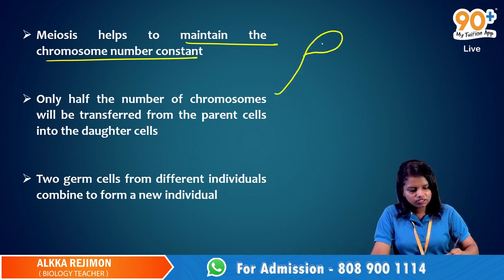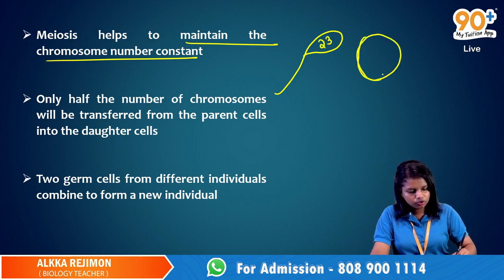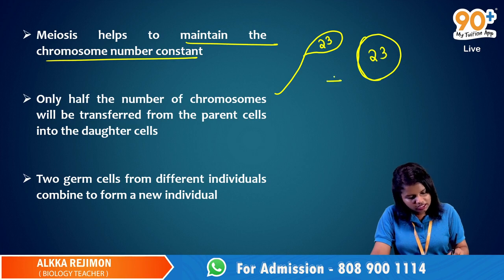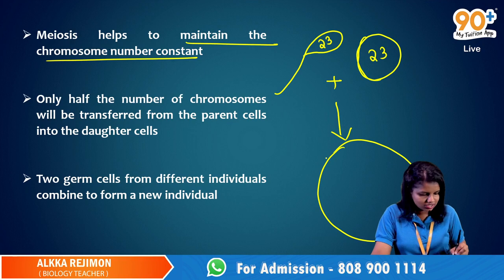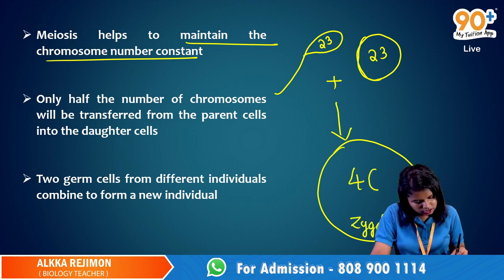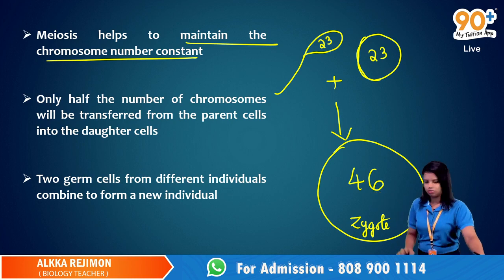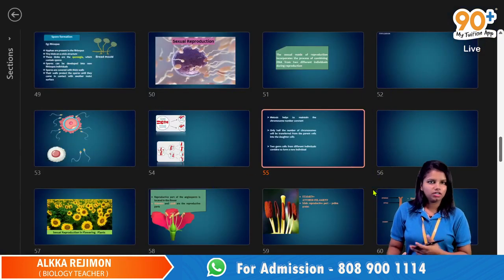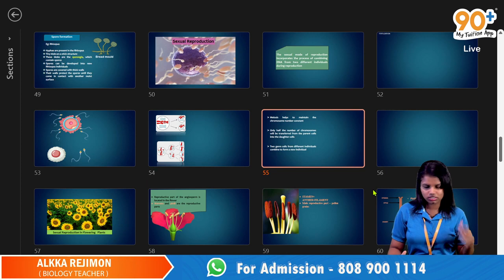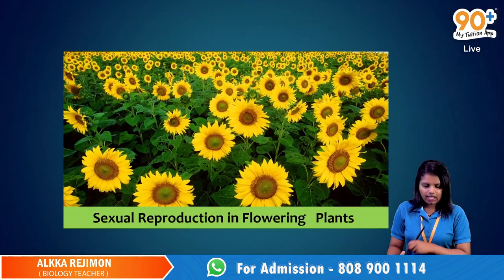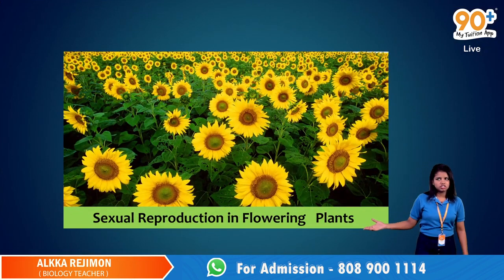It is because of this kind of meiosis that 23 chromosomes are maintained in both sperm and egg, and when these both 23 chromosomes fuse together and it comes to the zygote, you can see that 23 plus 23, 46 chromosomes will be present in the zygote. അപ്പോഴാണ് നമ്മളുടെ ഹ്യൂമൻ സ്പീഷീസിന്റെ ആ ക്രോമസോം നമ്പർ മെയിൻറ്റെയിൻ ചെയ്യുന്നത്. So that's the speciality or importance of meiotic division. And that's about sexual reproduction in humans.